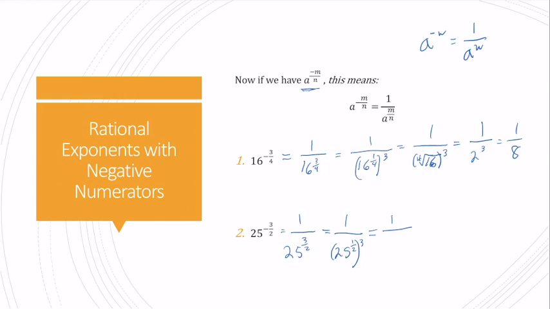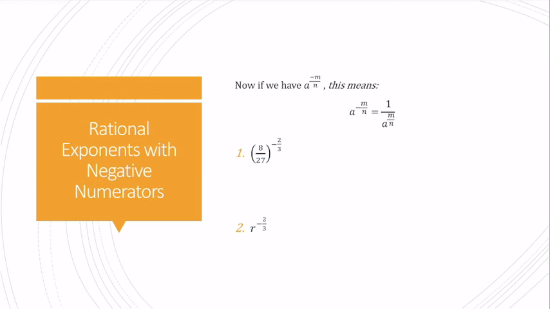Equals 1 over the square root of 25 cubed. Well, the square root of 25 is 5. So I have 5 cubed, and 5 cubed is 125. Now, I knew that off the top of my head, but remember, you can leave it in this form, and that's perfectly okay.